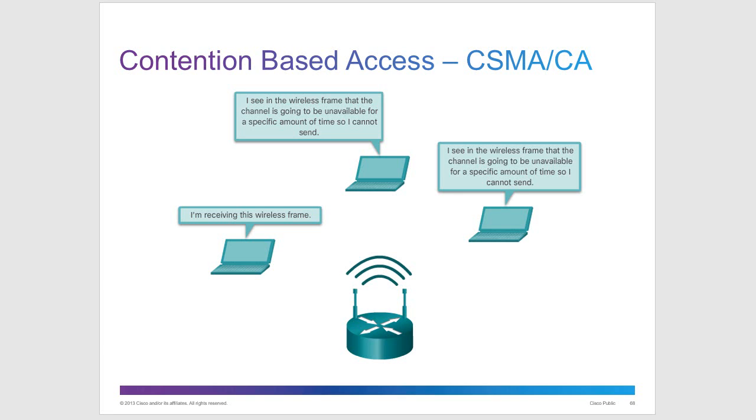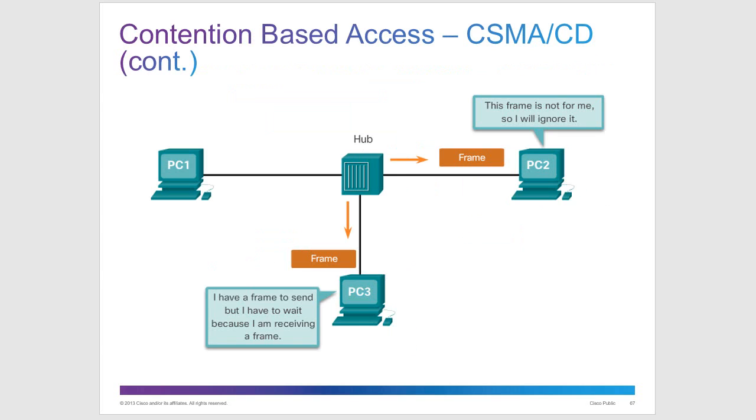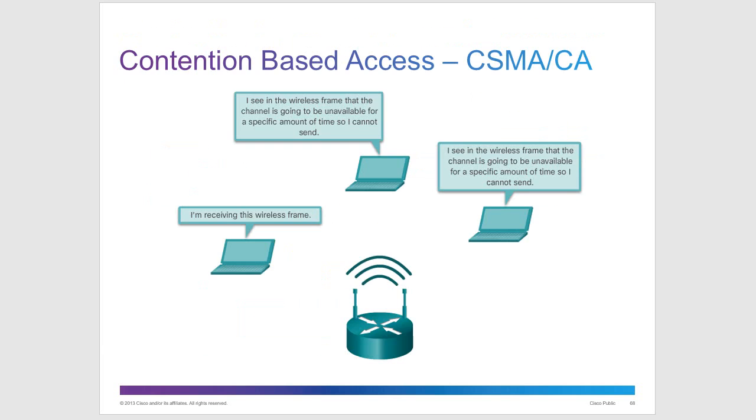So that's collision avoidance: monitoring the line, and when it's free, I'll send. Collision detection: if I'm receiving, I cannot send. But if I'm not receiving, I can send, and if there's a collision, we're going to be able to detect it. Okay.